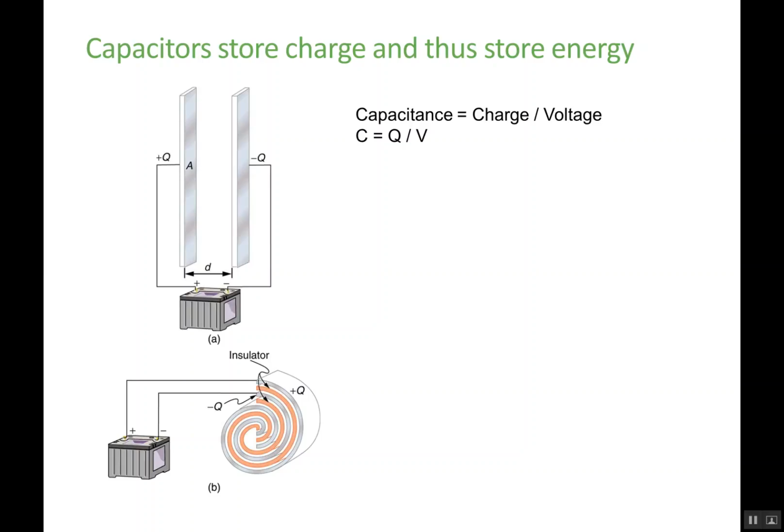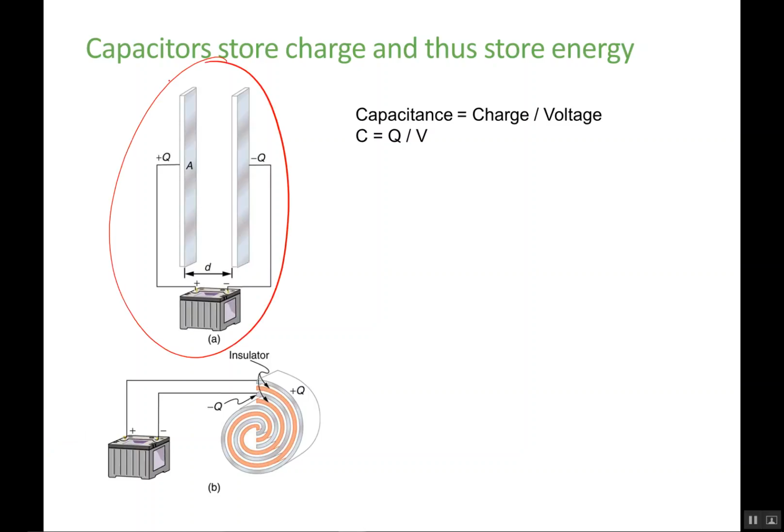Okay, this is a picture of the most simple type of capacitor you could build. You have two conducting plates separated some distance d, and you connect one of the plates to the positive terminal of a battery, and the other to the negative terminal. So that means there's going to be a voltage difference from one of the plates to the other.